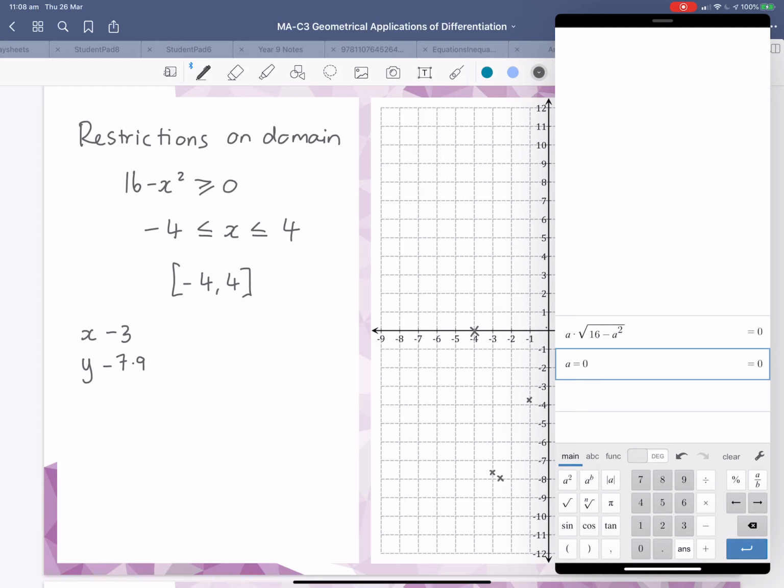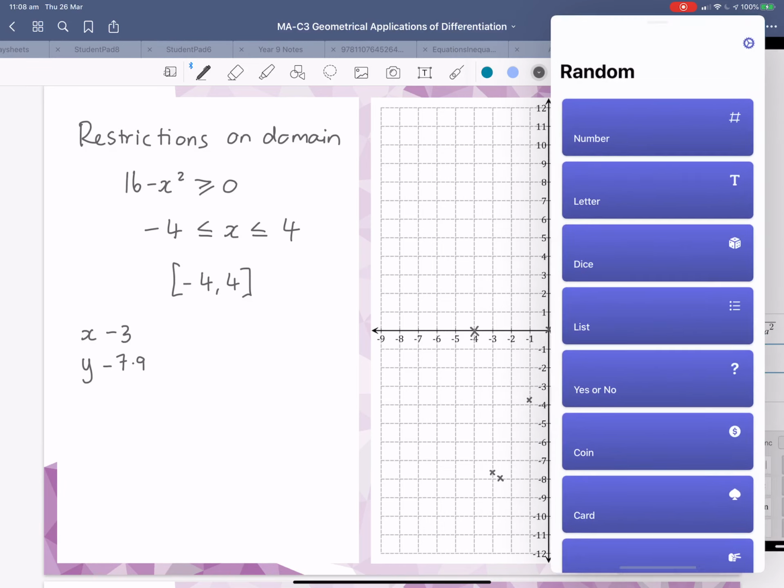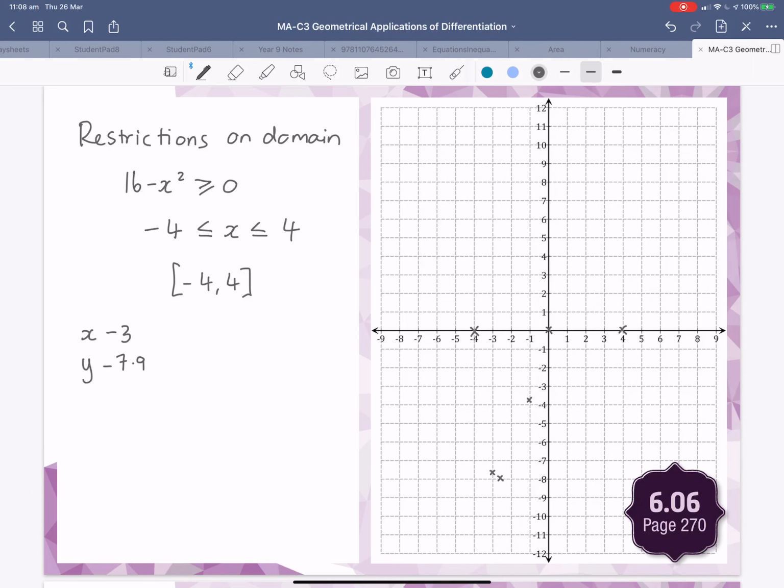We've got our 0, 0, and we've got the same on the other side. So let's put this all together. So at root 8, which is about 2.8, we get to 8.